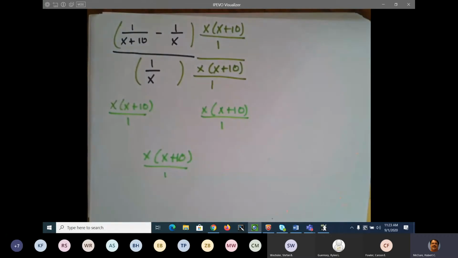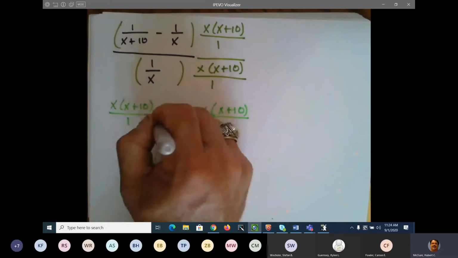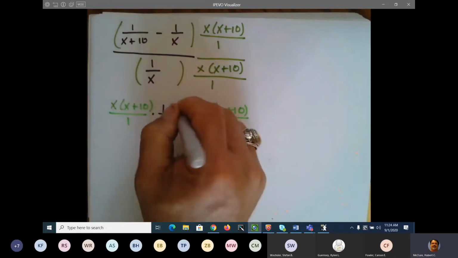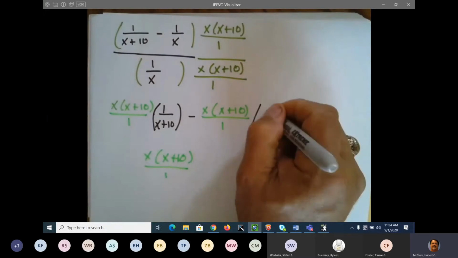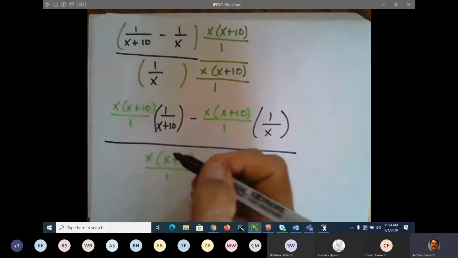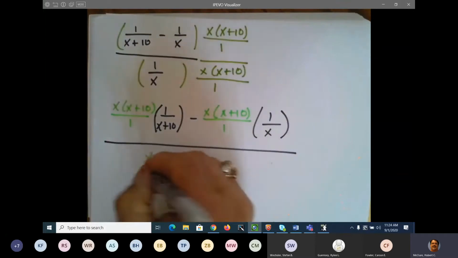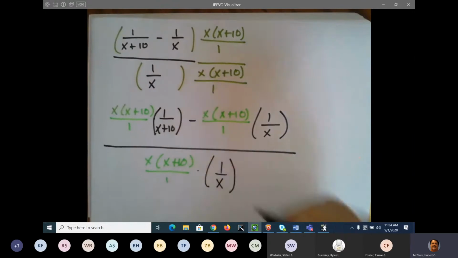I'm distributing it times 1 over x plus 10 minus 1 over x times, this will be 1 over x. I think I used 2 different shades of green. It bothers me, but it'll be all right.